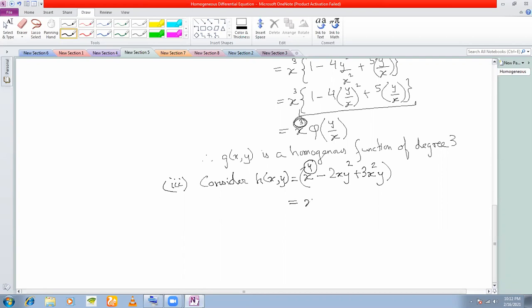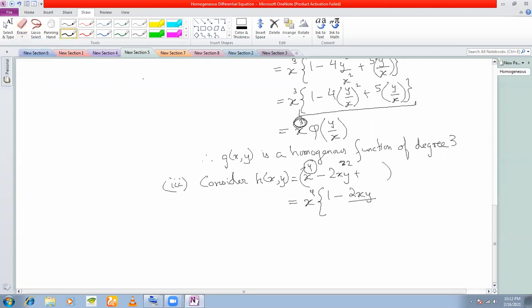It is 4. So I take x to the power of 4 common. If I take x to the power of 4 common, what am I left with? 1 minus 2xy square divided by, let's say I take this as x square y square. And I take this as y to the power of 4, say.